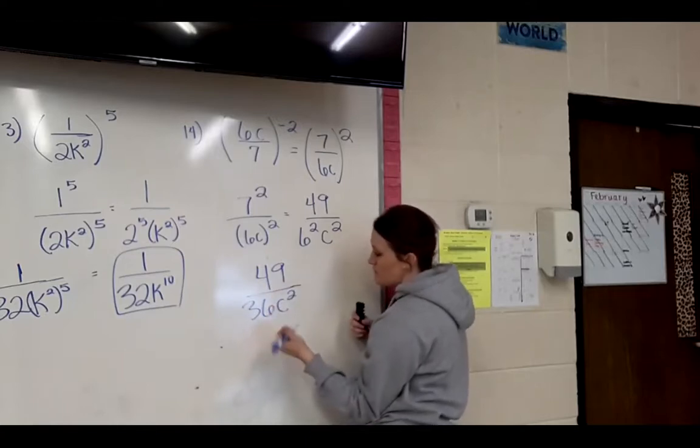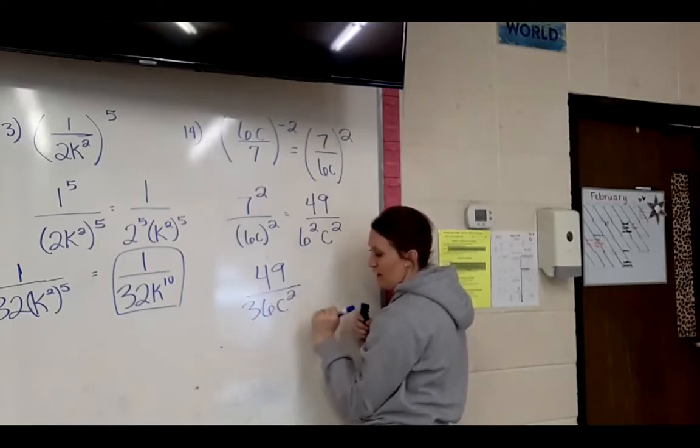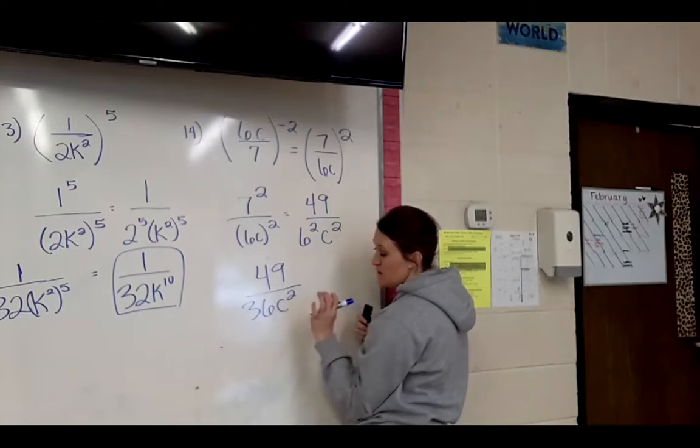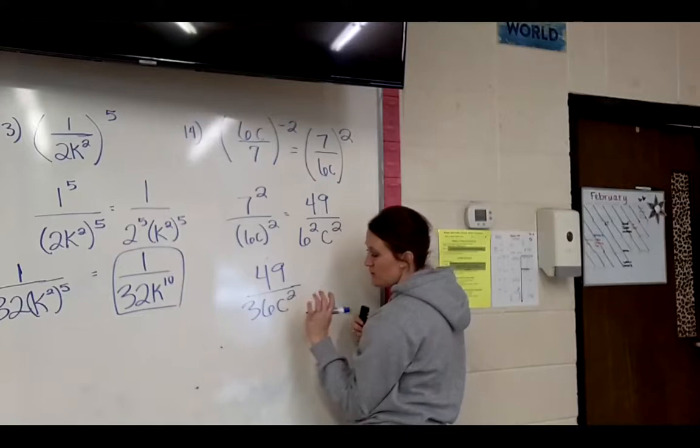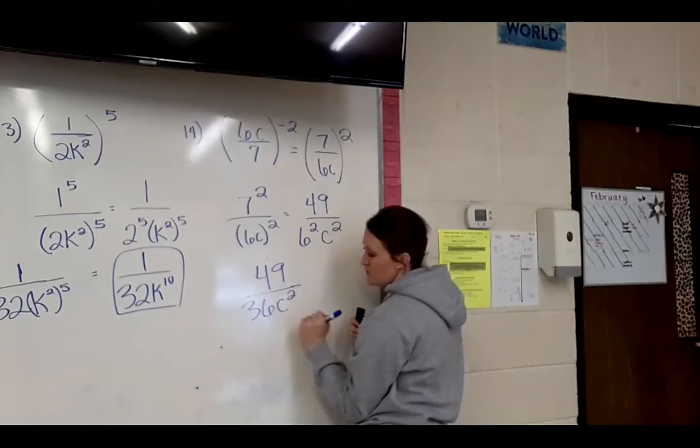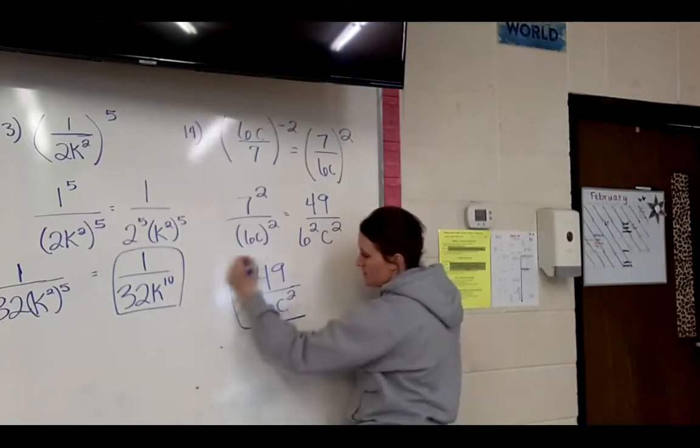Next, if I could simplify anything out of those numbers, we would. I don't think anything comes out of them. I'm trying to think: 39, 42, 45, 48. No, nothing comes out of both of those. So that is your final answer.